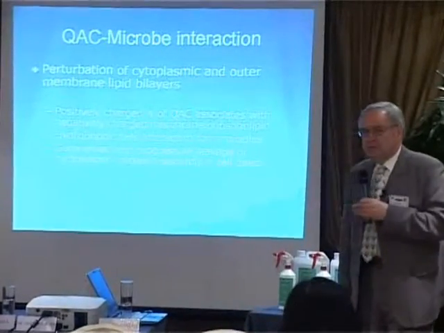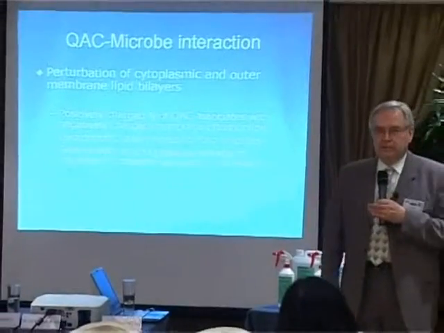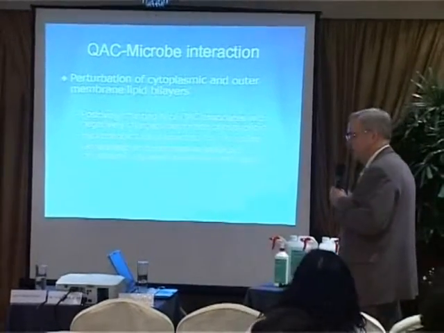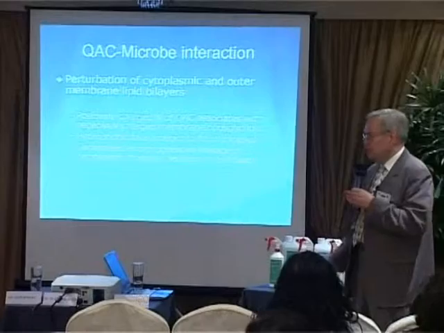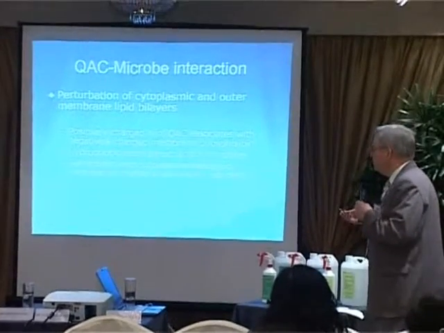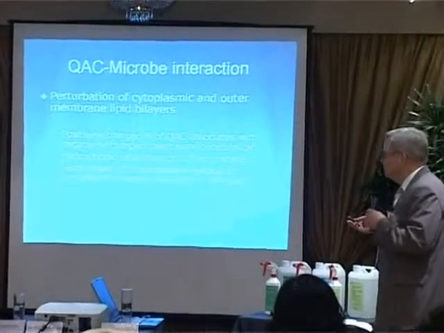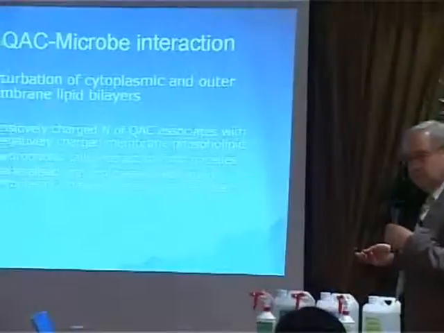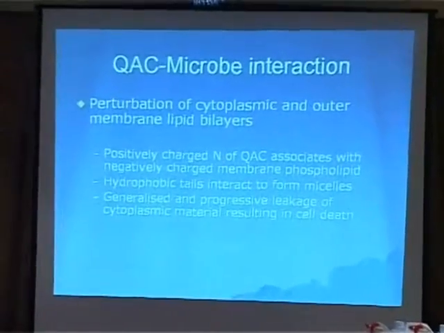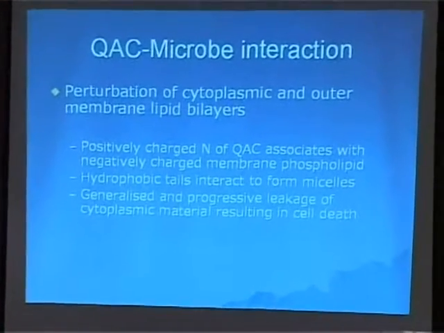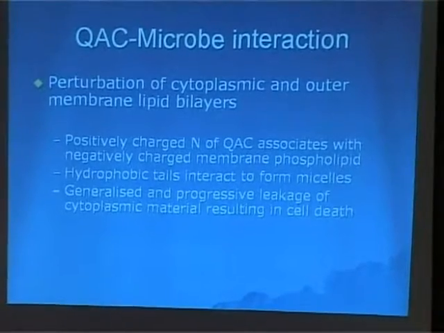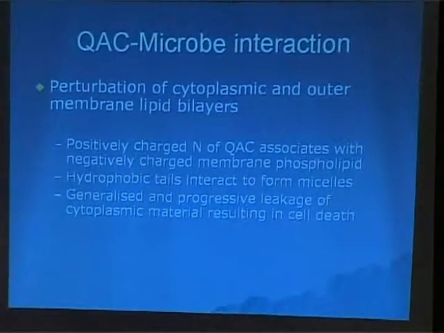So what happens when a QAC interacts with a microbe, whether it's a bacterium, a fungus, algae, virus, or what have you? You get this perturbation of the cytoplasmic membrane and also the cell walls. The positive charged nitrogen, that thing that I've been emphasizing all the time, interacts with the anionic bit, the phosphate groups, the glycophosphates, part of a phospholipid system.